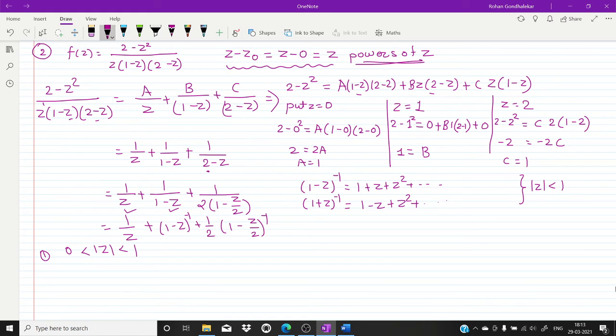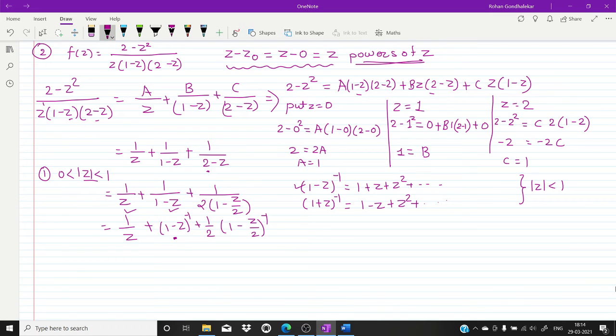Now what will we do in this particular case? To avoid your confusion, I write the region equation here itself: 0 is less than mod z less than 1. Why is this? Because according to this region, we are taking the 2 common. Fine. This is already in powers of z. Now from this, just look at this portion, your mod z is less than 1. So we can expand this directly with this expansion.